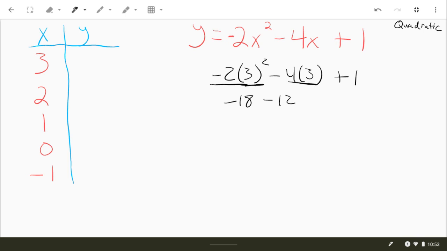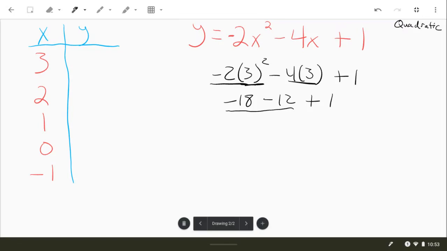Minus 4 times 3 is 12. -18 minus 12 is -30. And then -30 plus 1 is equal to -29. Boy, I probably made a mistake by changing that to a negative. Let me think here. Yeah, we'll just roll with it.